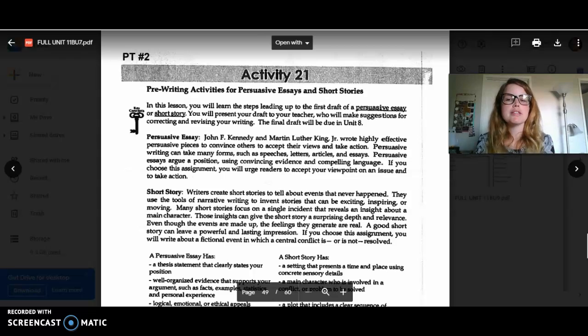So remember, a persuasive essay is an essay that tries to convince your readers of something, right? This is stuff that you're more familiar with, like JFK's speech, Martin Luther King Jr.'s speech, things like that. They use evidence and compelling language to argue a position. So if you choose this, you're going to have to write an essay about why the people should believe you.